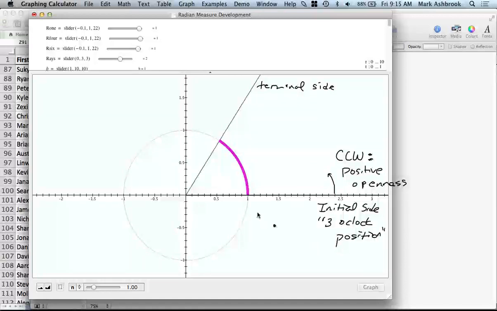Okay, so this circle of radius 1 is called the unit circle. The unit circle has radius 1 and center at the origin.